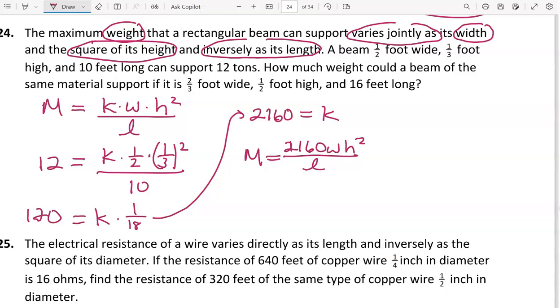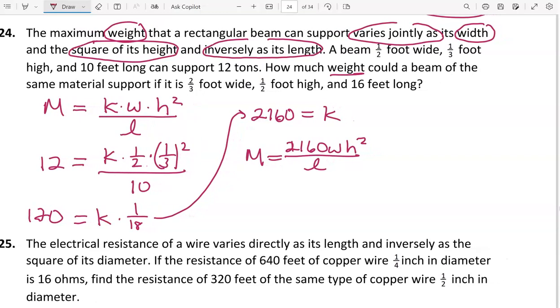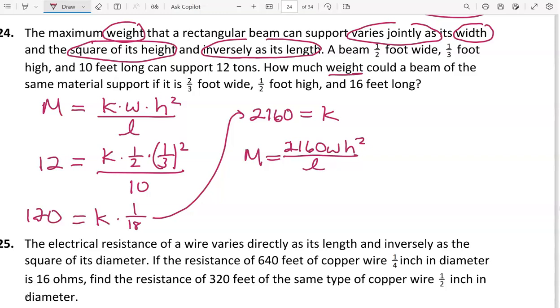So we are looking for how much weight, that's the value of M, that a beam of the same material can support if it's 2/3 of a foot wide. So that would mean that we're going to replace the W value with 2/3, and 1/2 foot high, so we'll replace H with 1/2, and a length of 16 feet.